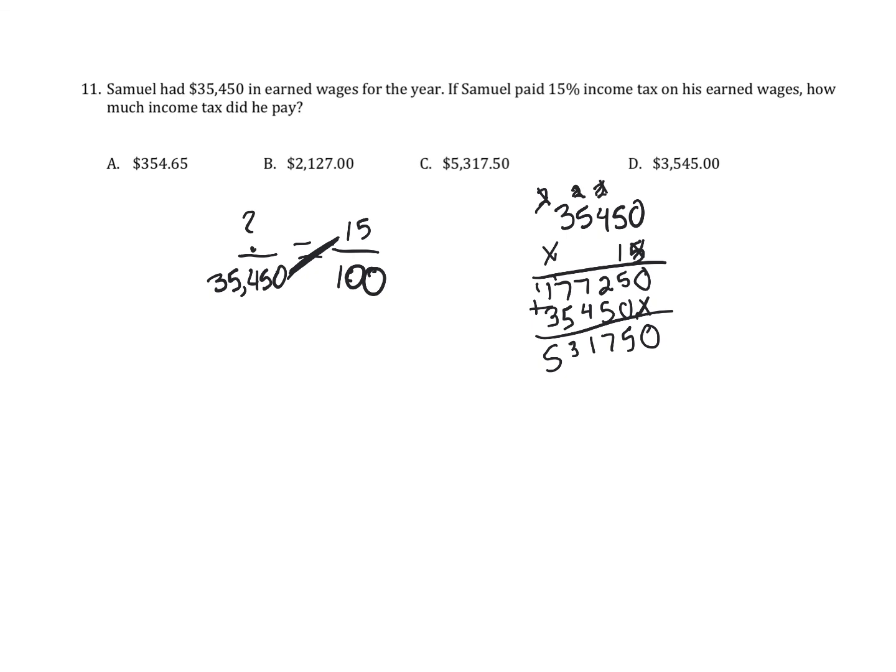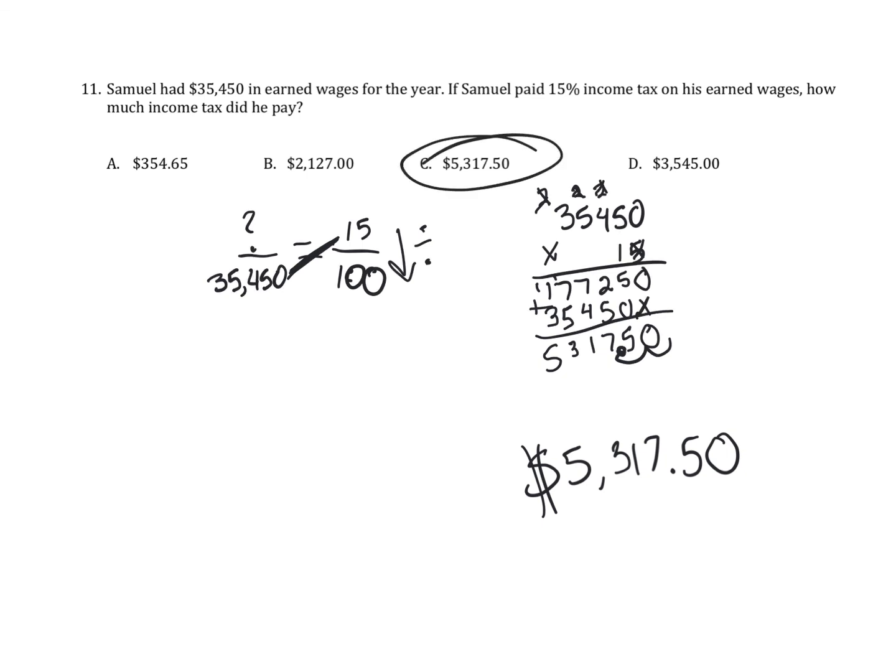So now we still have to do the second part of the answer, and that's divide by 100. When we divide by 100, all we do is we move our decimal 2 places to the left. So we should get 5,317.50, which is answer choice C.